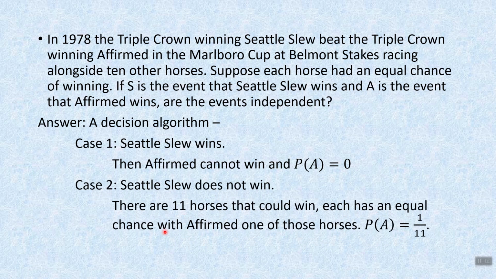Each has an equal chance. The probability that Affirmed wins is now 1 out of 11 if we know Seattle Slew does not win. But if what Seattle Slew does changes what happens with Affirmed, these have to be dependent events. The probability of Affirmed winning changes depending on what happens with Seattle Slew, so they are dependent events.